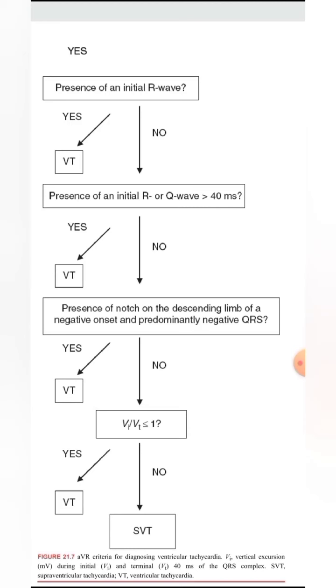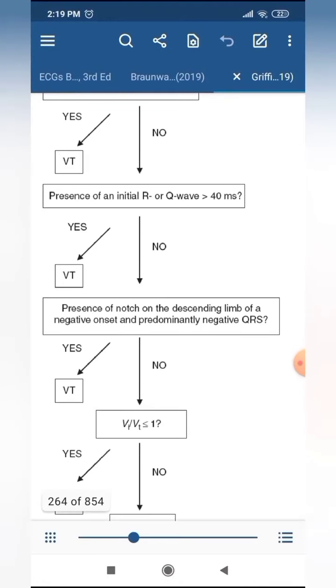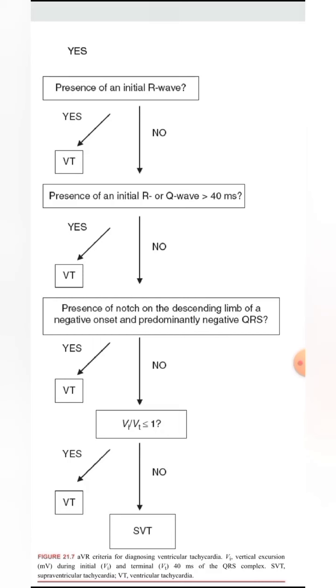But the main thing is that we must know the basics and the morphological aspects that we come across while looking at a wide complex tachycardia. So most of those criteria which are present in different books with different names are discussed in this video lecture, and I hope this will be beneficial to all who have listened to this lecture.